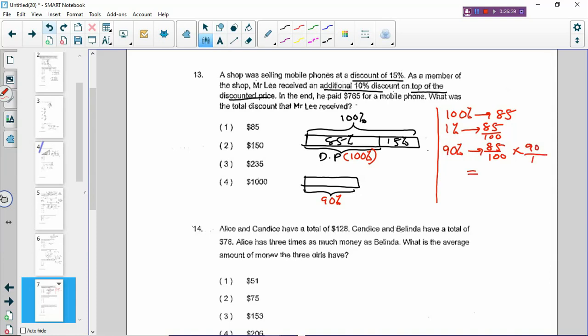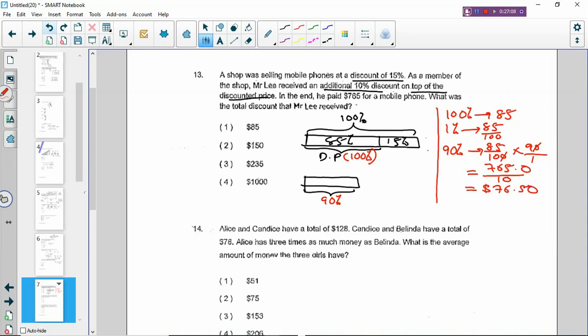You divide by 10, divide by 10. And then you have 85 times 9. What is 85 times 9? You will get 765. And then 10 times 1, you get 10. So how much is 90%? You take 765 divided by 10, you shift the decimal point to the left one time, and you will get 76.50.